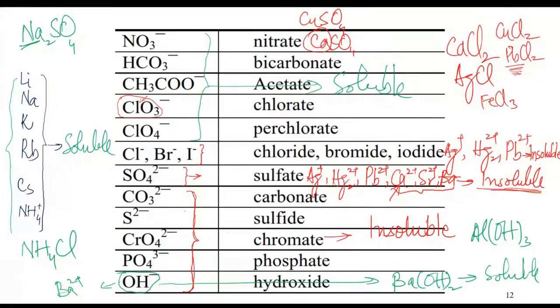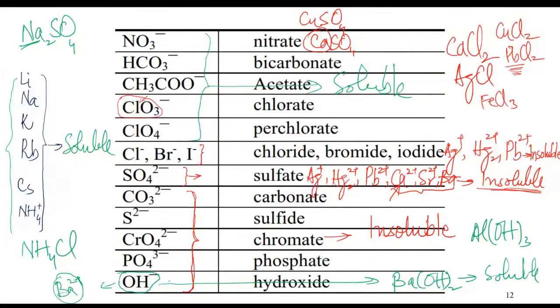But OH has one exception, istasna. If OH is present with Ba, it is soluble. If OH is present with any other element, it is insoluble.